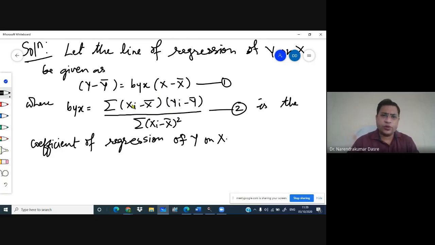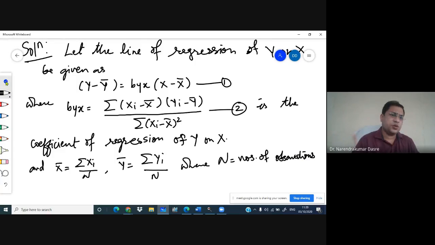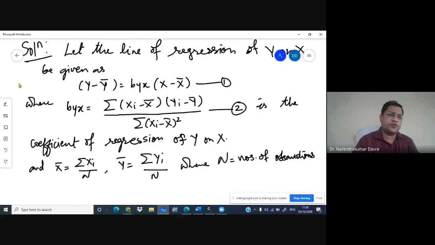Now we have to calculate these terms. We have x bar is equal to summation xi upon n, and y bar is equal to summation yi upon n, where n is the number of observations. So what is the value of n here?